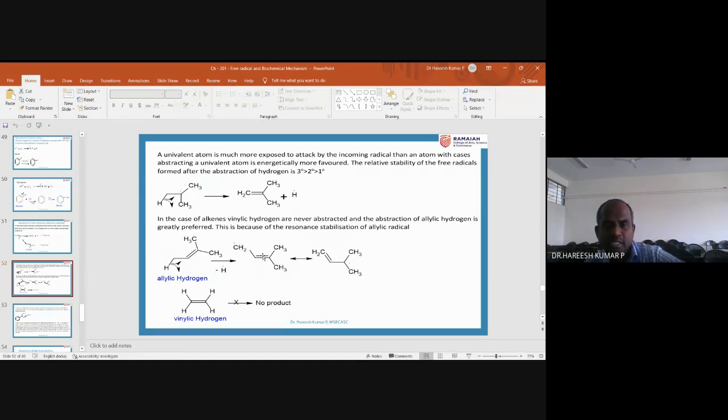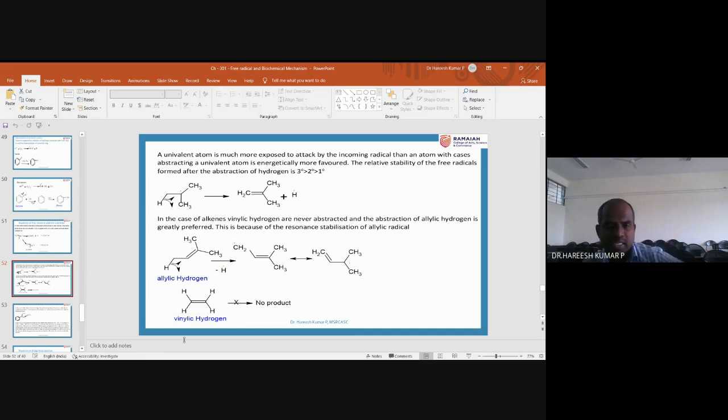That means this pi bond undergoes homolytic cleavage, so there will be a double bond formation and a radical formation. So these two are in equilibrium, these two are canonical forms, these two are resonance forms. So what it means? Allylic radical easily forms a free radical, and the obtained radical is stabilized through resonance.